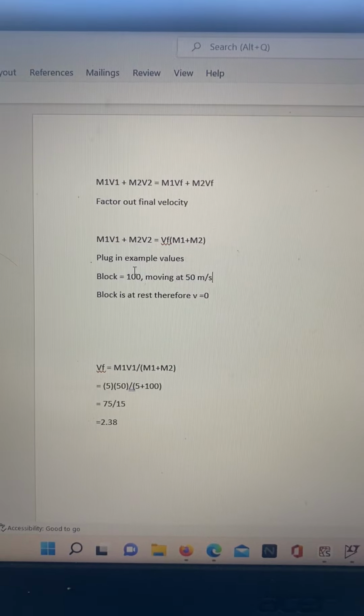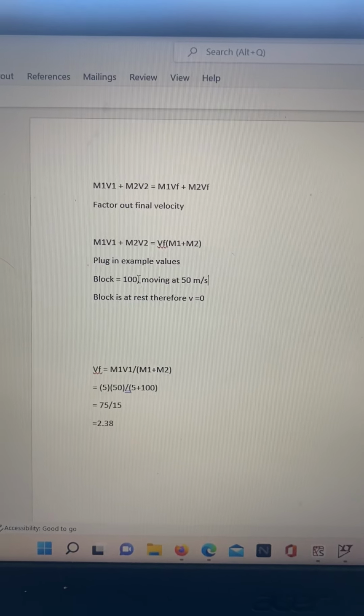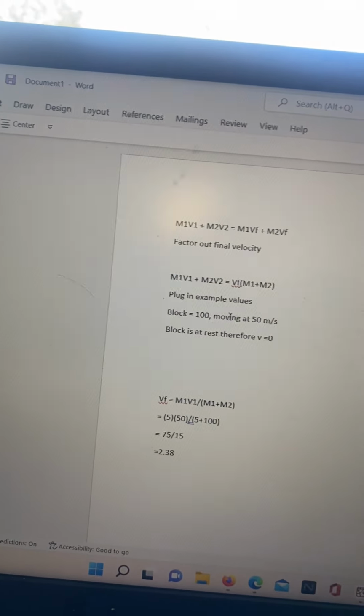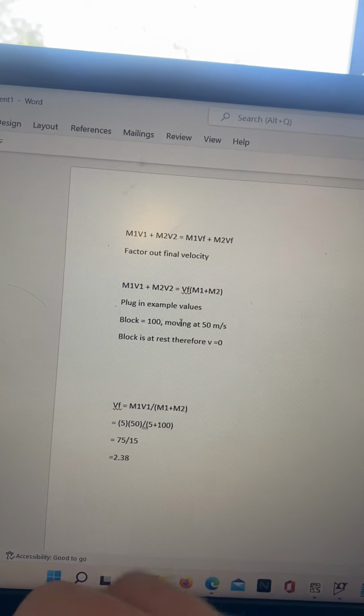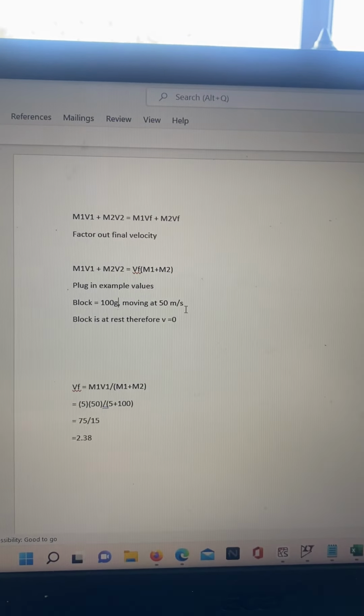Now, I'm just going to use a couple example values. So we have the block right here. This is going to be 100 grams. When I plug it into Matlab, I'm going to have to plug it in as kilograms. That's just how I wrote my program.